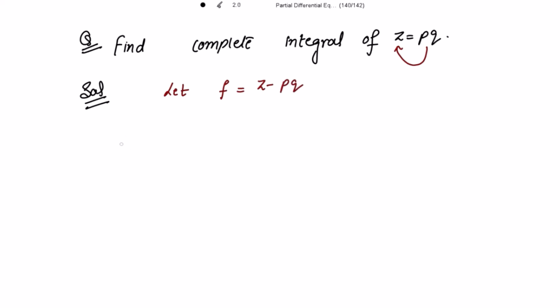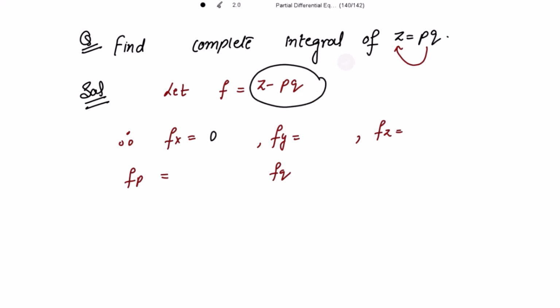So now we need to get the values of fx, fy, fz, then fp, fq. We need all these values to put in Charpit's auxiliary equations. What is fx? The derivative of f with respect to x. There is no x in this, so this is 0. And also there is no y, so this is also 0.